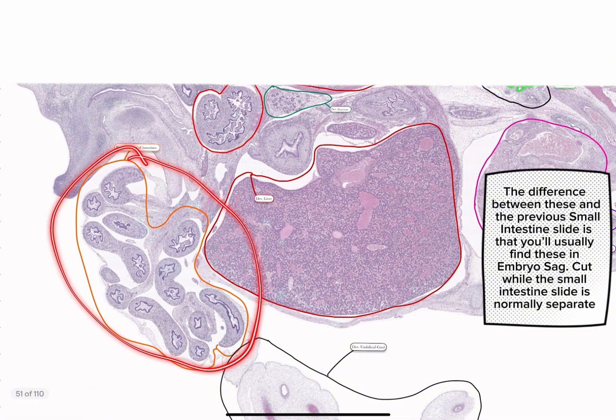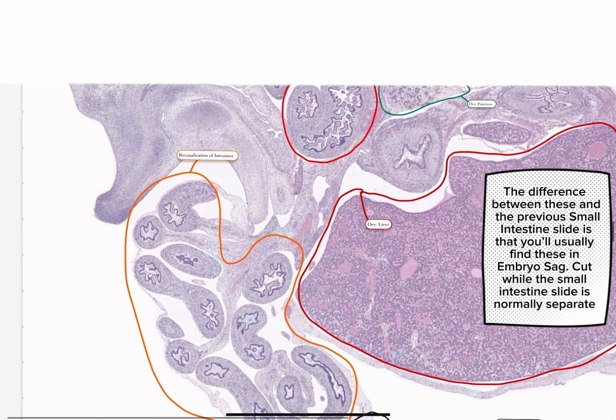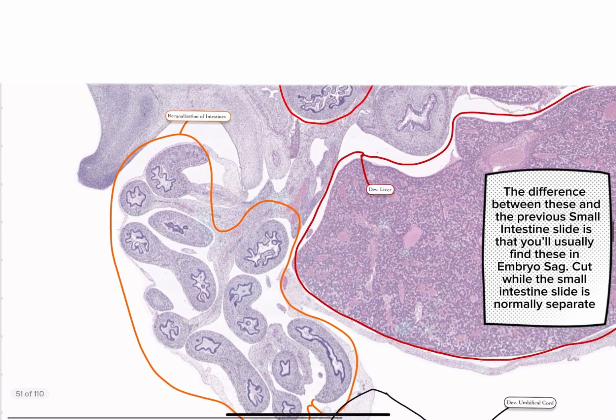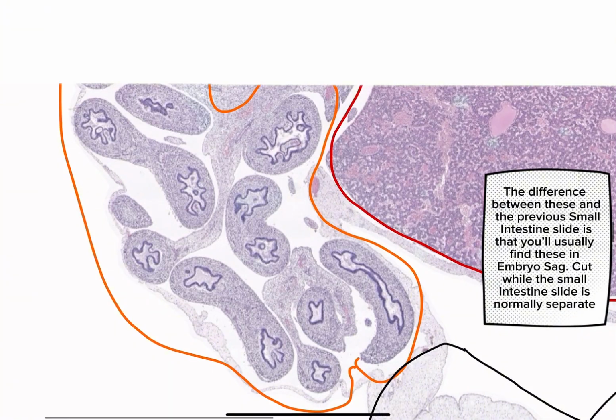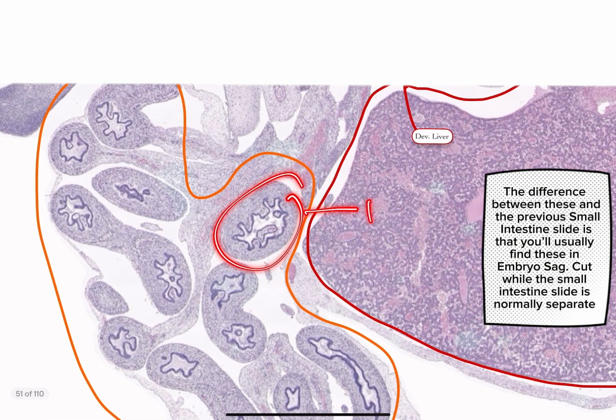For example, here we can see the recanalization of intestine. What does that mean? That means that it doesn't have a clear lumen yet. The intestines are in their recanalization phase. There's a lot going on within the lumen of these intestines. Otherwise, if the lumens were clear, like it kind of is here, then this would be more of a loop, or an intestinal loop.